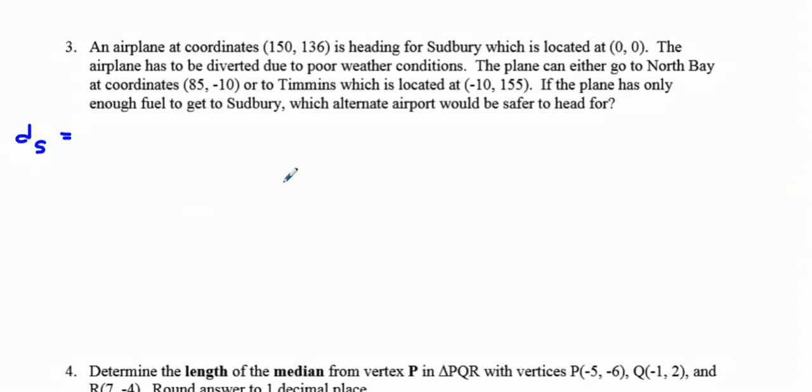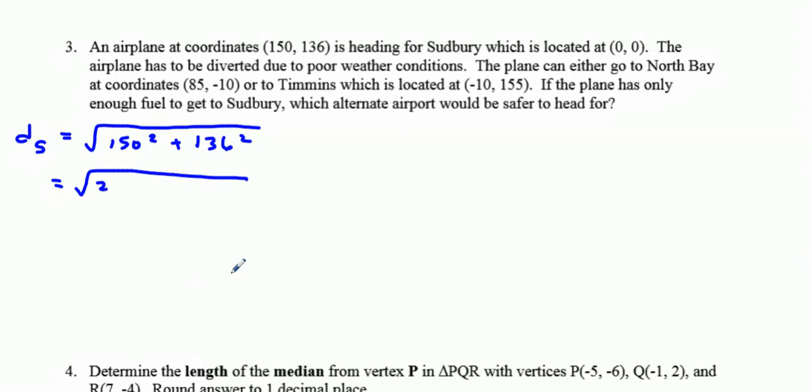So DS equals the square root of 150 minus 0, which is just 150 squared, plus 136 squared. So I definitely need my calculator for that. So 150 squared is 22500, plus 136 squared is 18496.